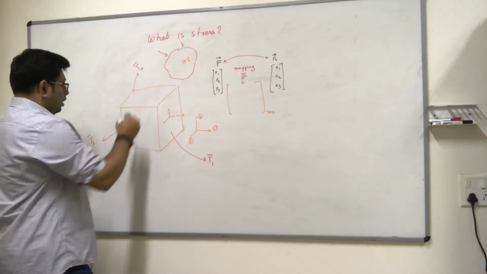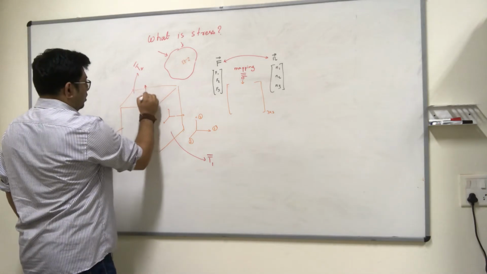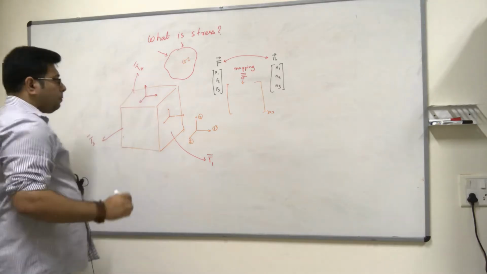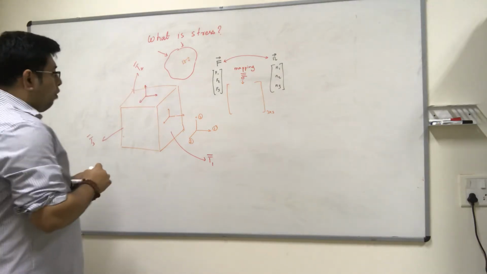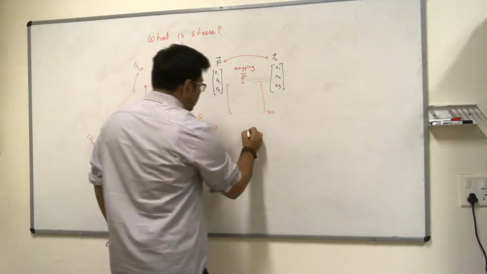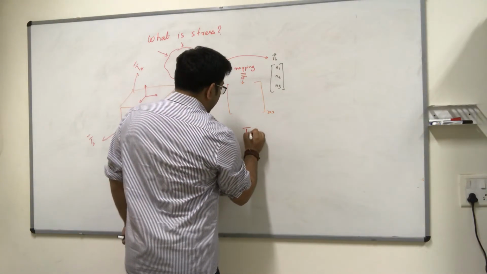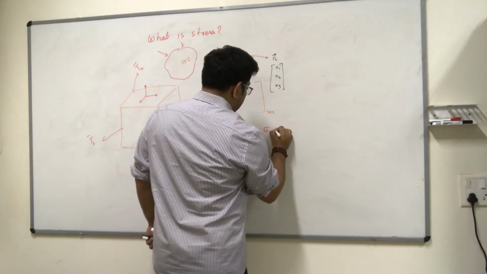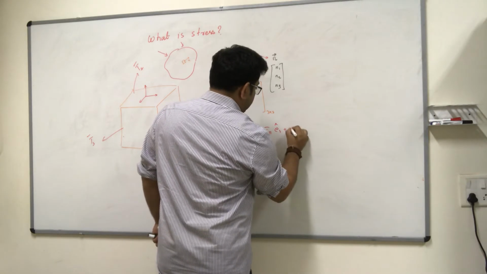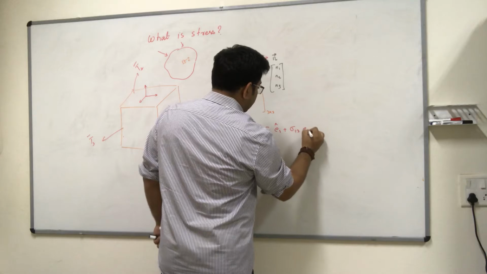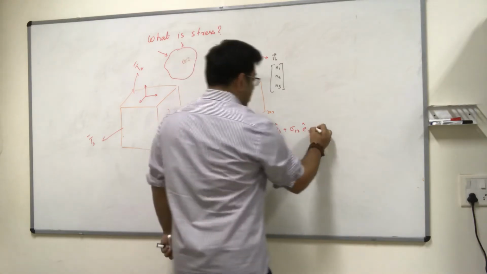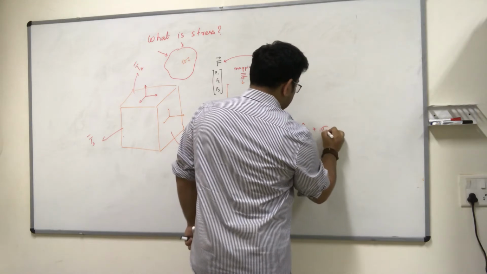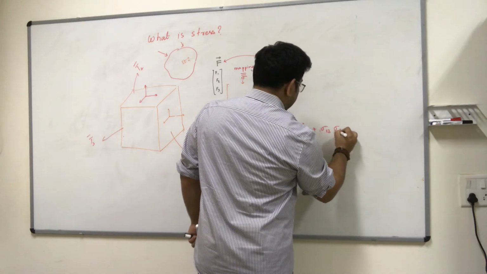So I want to write my equations such that my T1 vector is some sigma 11 E1 hat plus sigma 12 E2 hat plus sigma 13 E3 hat.